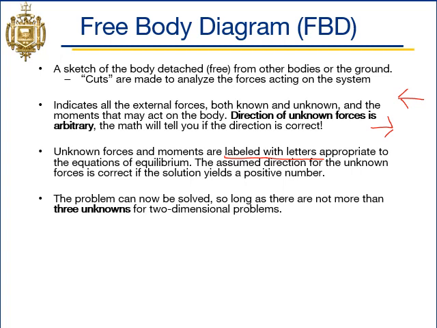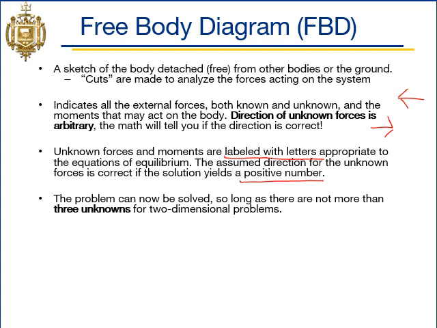So we could have an Ax or Ay. And again, that assumed direction for the unknown is not the most important thing, because if you get a positive number, that means you picked the arbitrary direction correctly. If you get a negative number, that just means the force is going the other way.